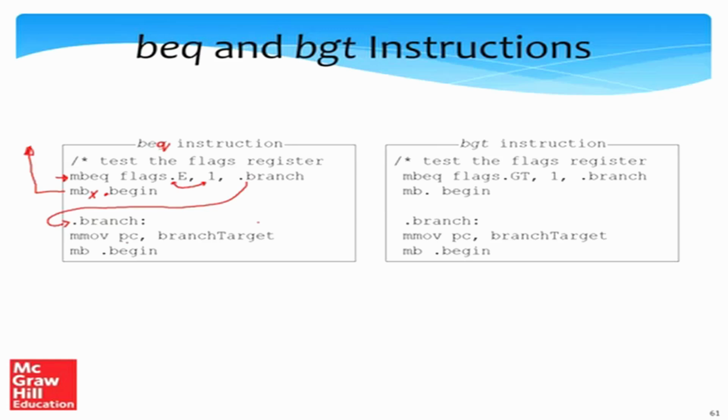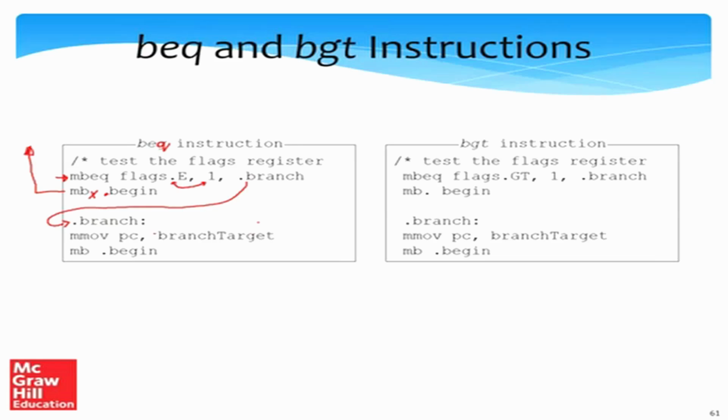If we are branching, then we have already computed the branch target. Recall that the branch target was computed in the decode stage and saved in a separate micro register. For non-branch instructions, it contains junk, but for branch instructions, it contains a valid branch target.